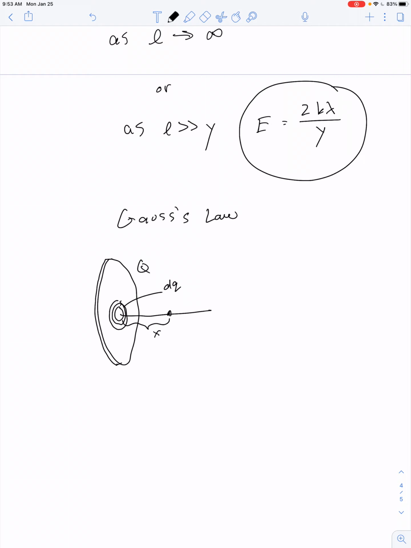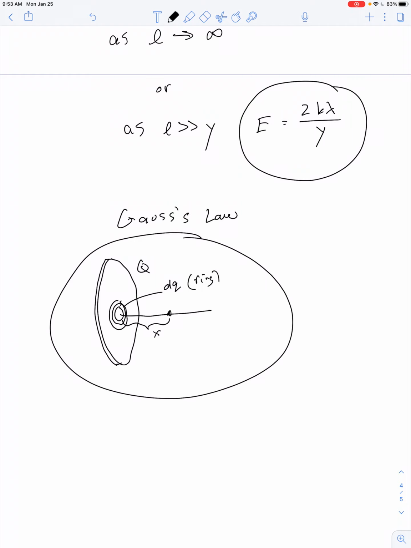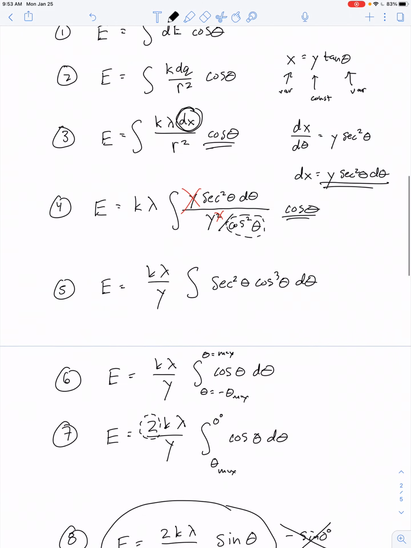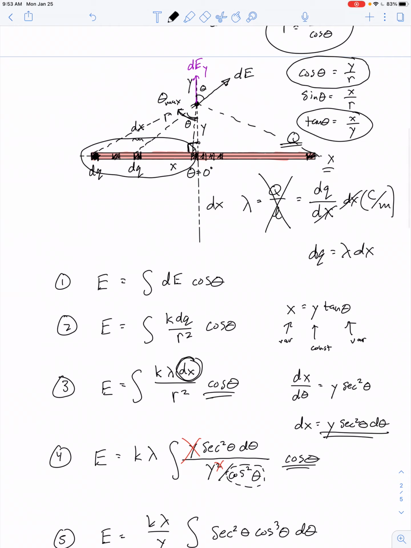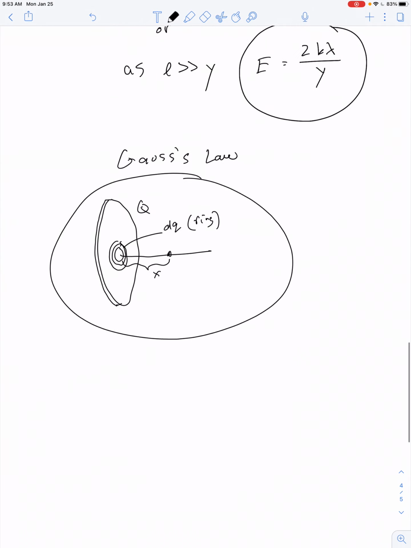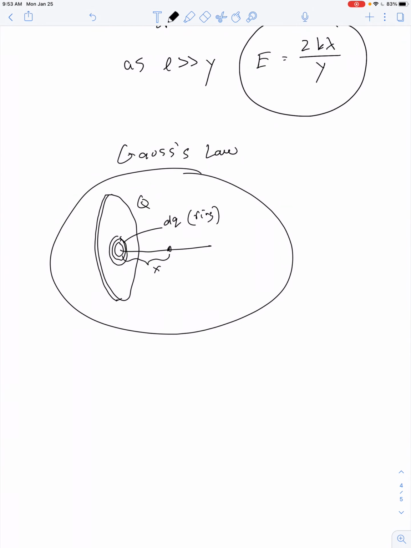Now in this case of the disk, our dq's were in the shape of charged rings, where in this case our dq obviously is more in the shape of little pixels, right? It's very important that when you do these derivations that dq is something that you picture. You know the shape of your element of charge. So the method we did of breaking it into these dq's, I refer to that as the brute force method.